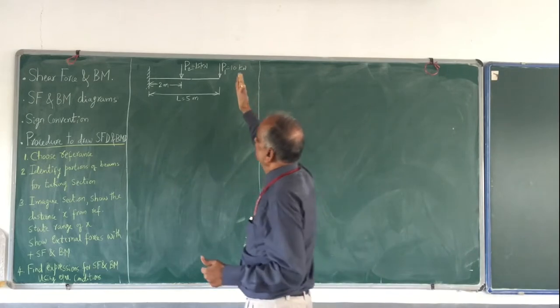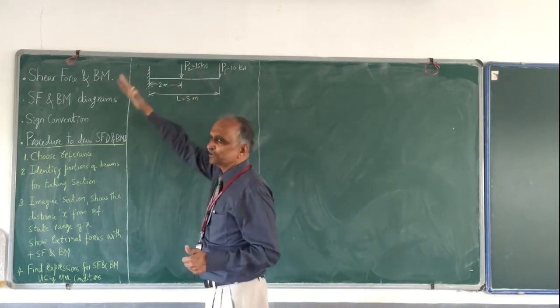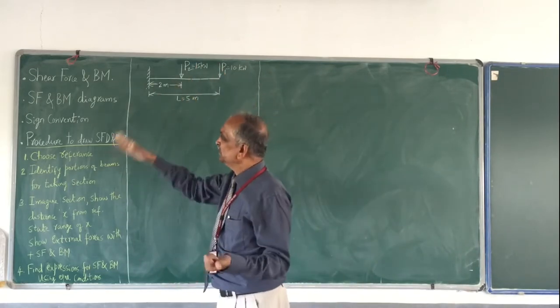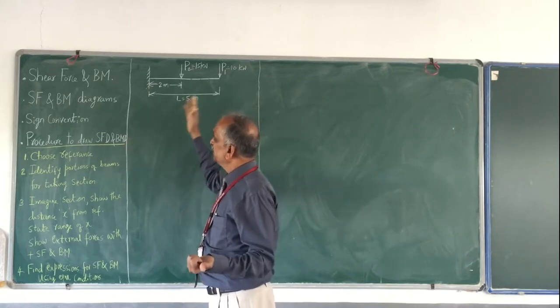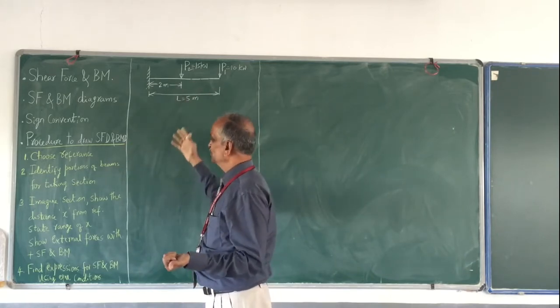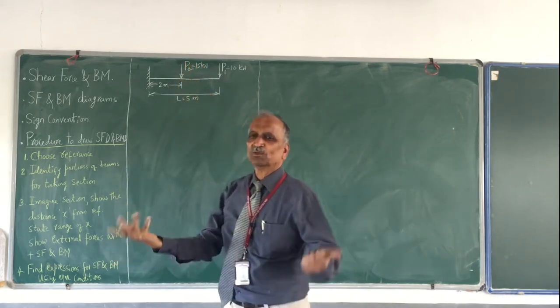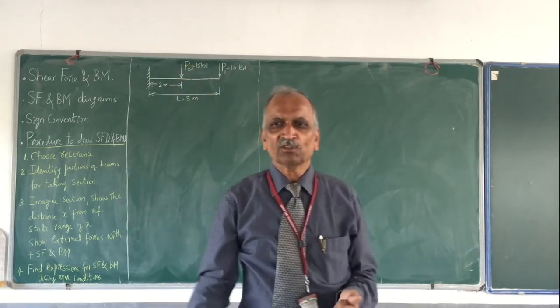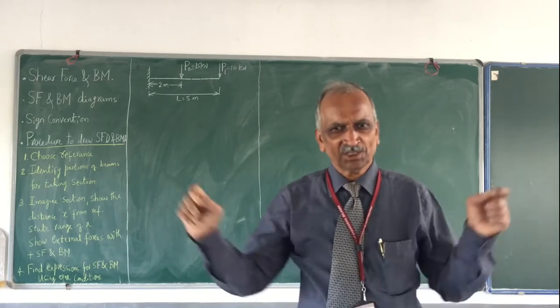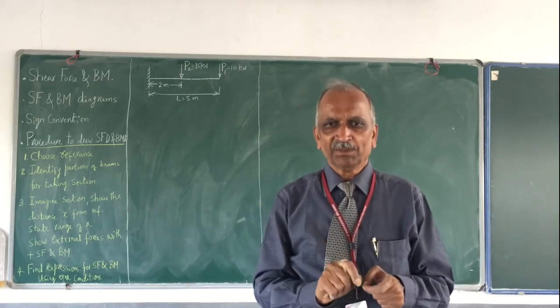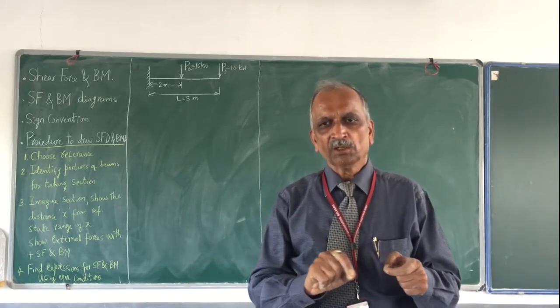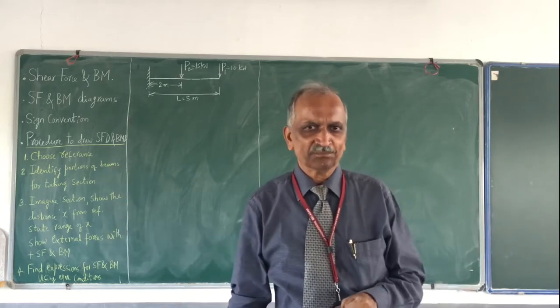At different sections I need to know, as I have shown and shall demonstrate further, I have different amounts of shear force and different amounts of bending moment. In other words, shear force and bending moment vary along the length of the beam.